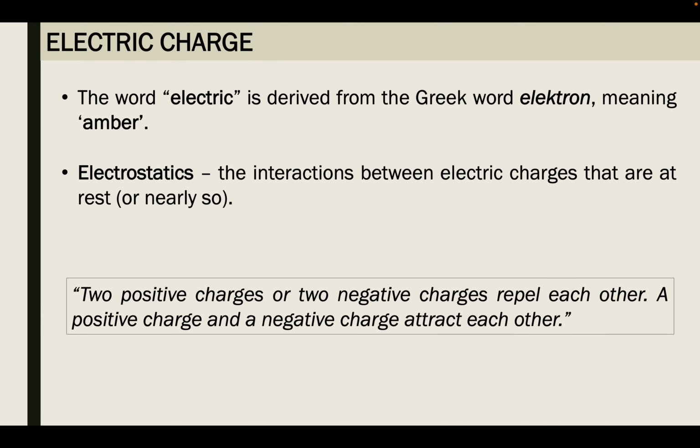Before we proceed in defining electric charge, the ancient Greeks discovered as early as 600 BC that after they rubbed amber with wool, the amber could attract other objects. We say that the amber has acquired a net electric charge, or has become charged.